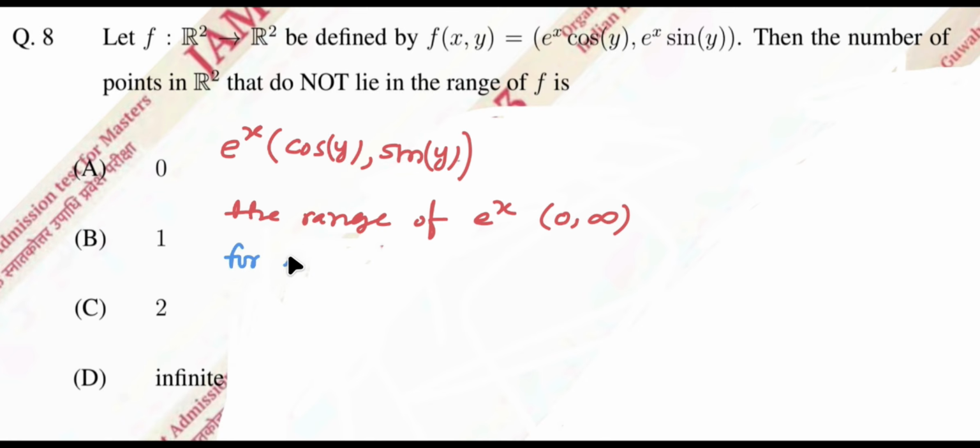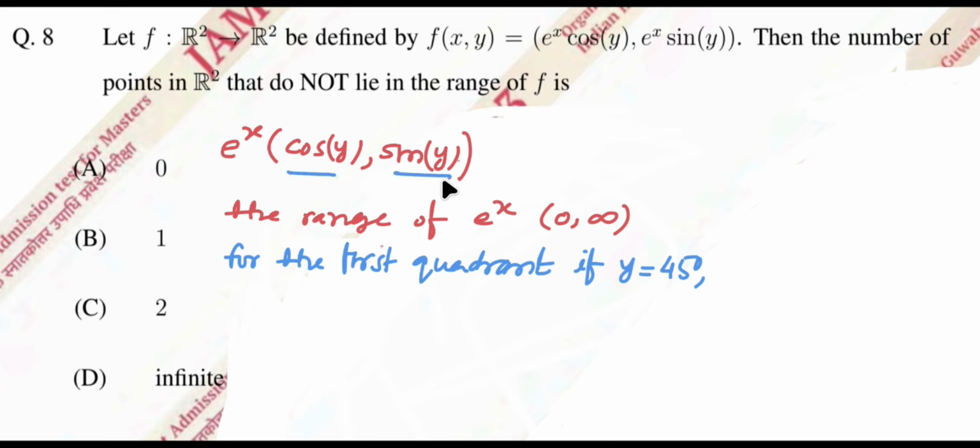For the first quadrant. Okay. If y equals 45 degrees, then we get 1 by root 2, 1 by root 2 multiplied by 0 to infinity. The numbers lying from 0 to infinity will give you all positive numbers. So you are getting positive numbers as the x coordinate and positive numbers as the y coordinate.